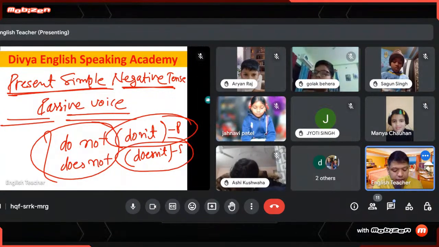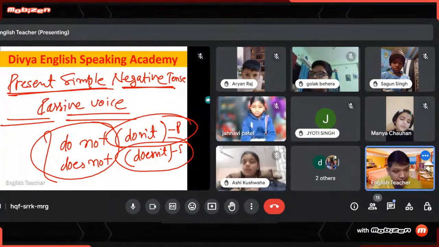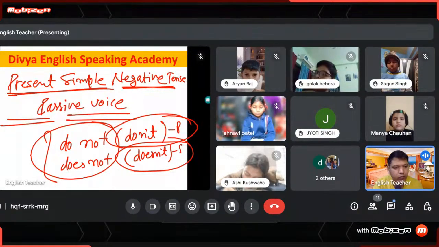Sai, are you here? Understand firstly here. Present simple negative, present indefinite negative tense. What we use? We use do not or does not. Now, what is the question? The question is to make the passive voice.